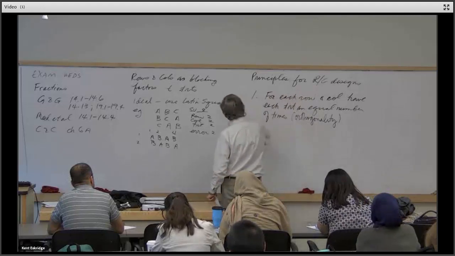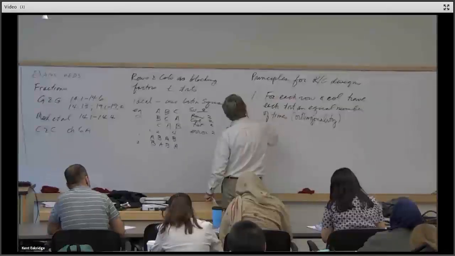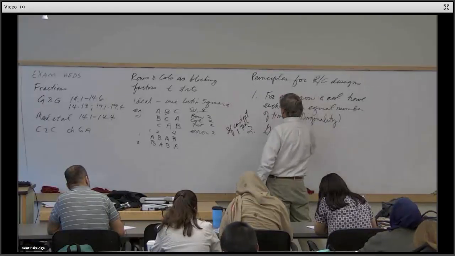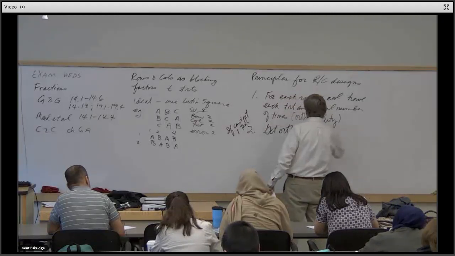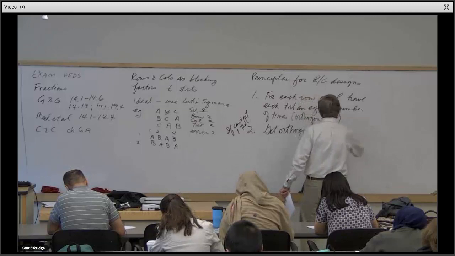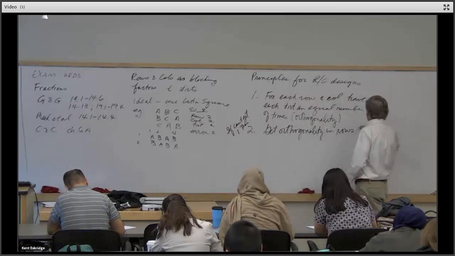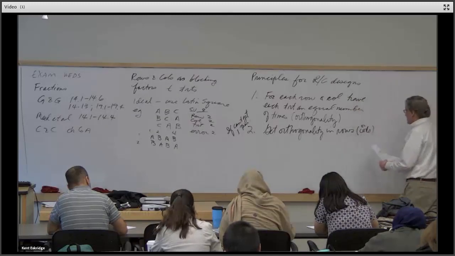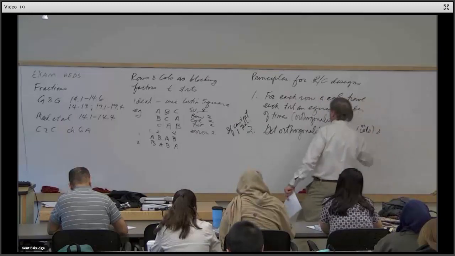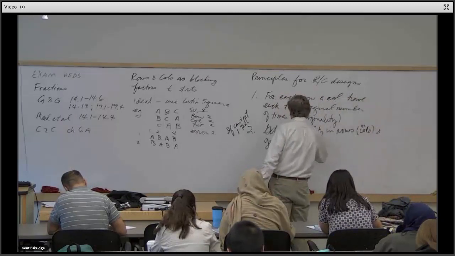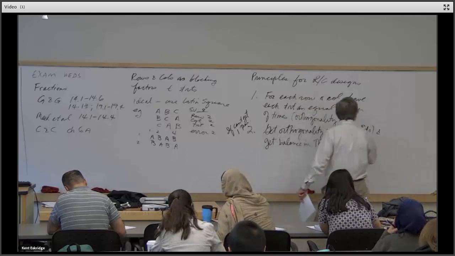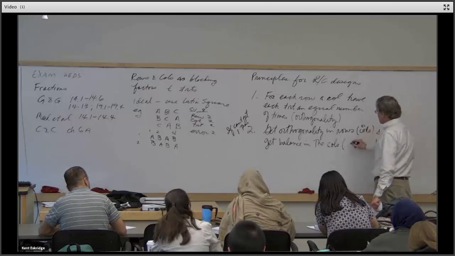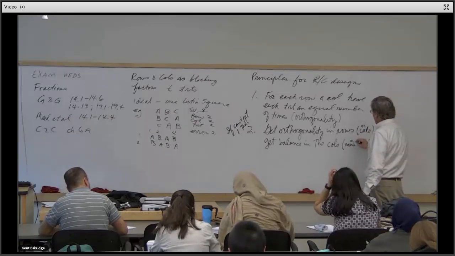So if you can't get 1, here's 2. 2 is get orthogonality in the rows or the columns, and then get balance, an IBD type of balance, in the columns, or in this case, if it's row orthogonality, then you want balance in the columns.